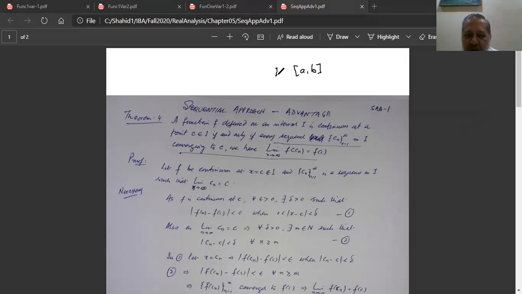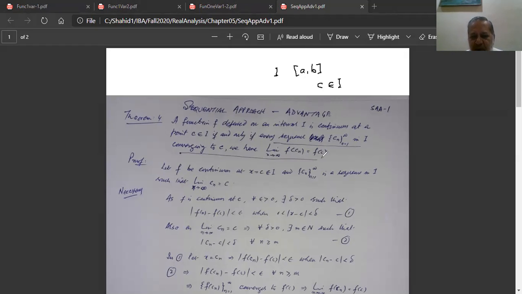Now this may be a closed interval or this may be an open interval, but what we are considering is c to be some point in I. ये तो बात हो गई इंटरवल की. अब इस पॉइंट पर फंक्शन कंटिन्यूअस किस सूरत में होगा? If and only if हर सीक्वेंस that I can make within I that converges to c, the limit n approaches infinity of the image sequence is f(c).